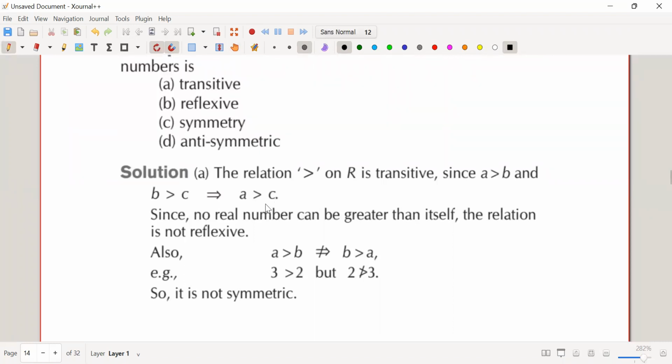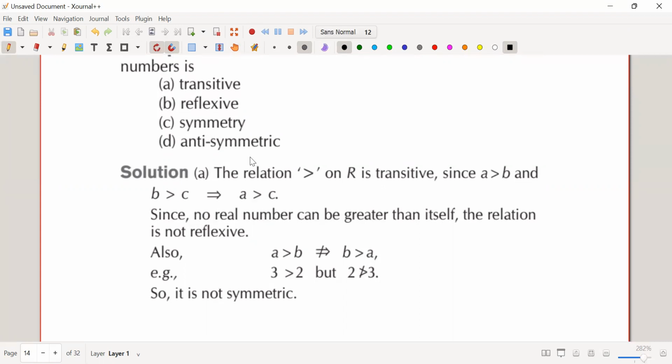That is not symmetric. Antisymmetric is not symmetric. If one and two are there, sir, then it's antisymmetric only. Then the condition can be satisfied. So antisymmetric will also be coming as the answer.